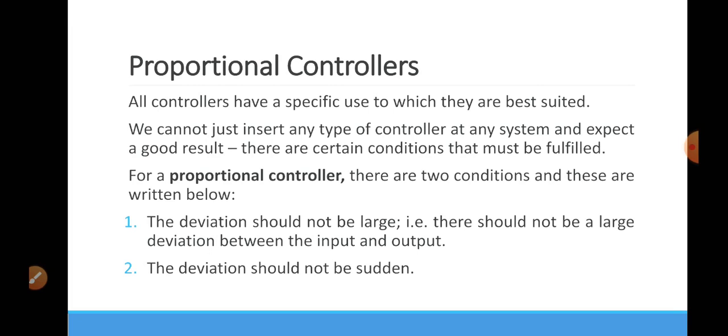So 2 multiplied by 2 will be equal to 4. So that is proportion. We are getting the output value in terms of some proportion of input. That is the function of a proportional controller.